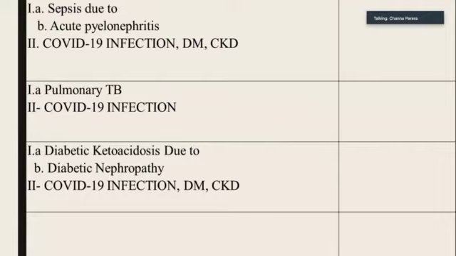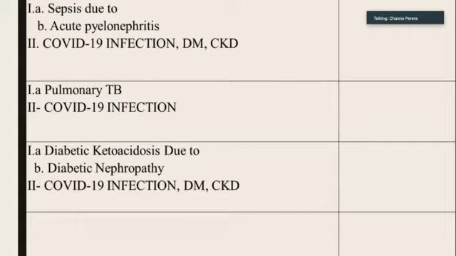Now, people may die due to sepsis due to acute pyelonephritis. And COVID-19 infection could be just an incidental finding or a contributory or associated finding. So the topmost example is the very first autopsy that we performed in Sri Lanka. I performed that autopsy on 5th of May 2020, last year.